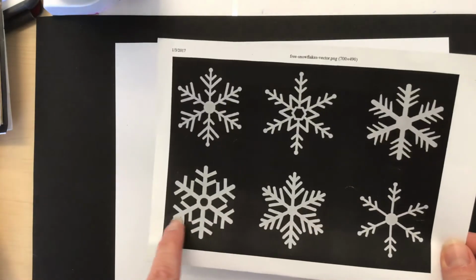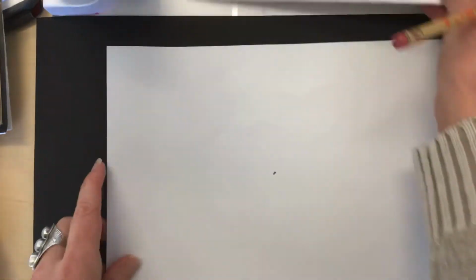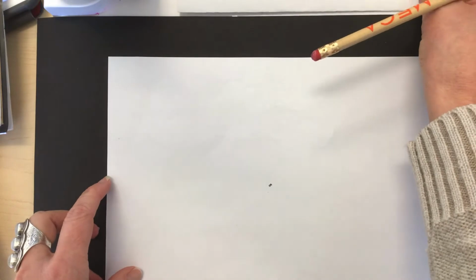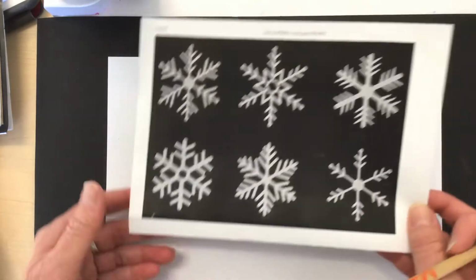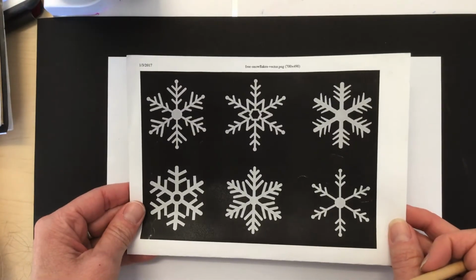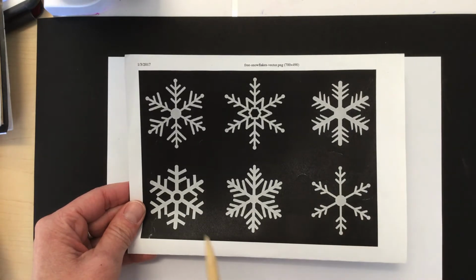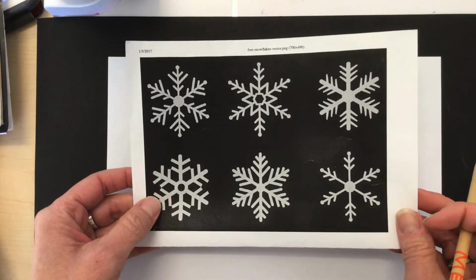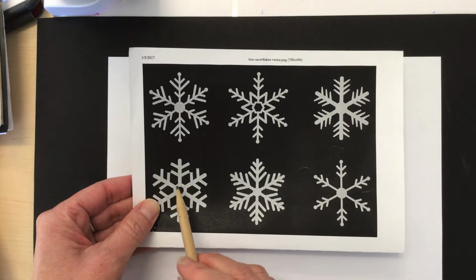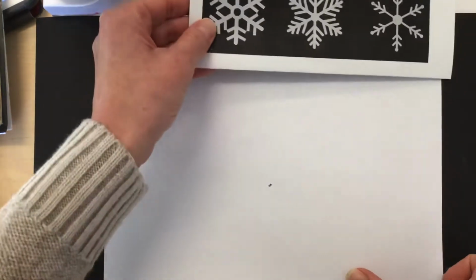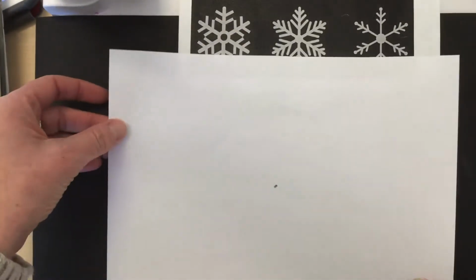So I'm going to work on drawing one of these snowflakes right here as we go through step by step. Now keep in mind, your snowflake does not have to look just like mine, okay? Your snowflake can look different. I think that I will work on drawing this one right here.